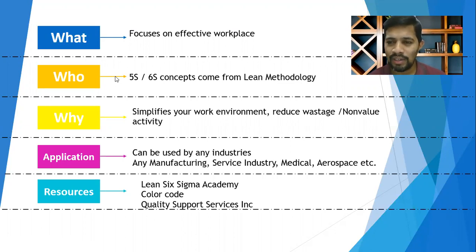There are seven wastages: transportation, inventory, motions, waiting, over-processing, overproduction, and defects. So even if things are not kept in place in order, that is also called waste, non-value added, meaning the customer is not paying for it and is not benefiting from it.